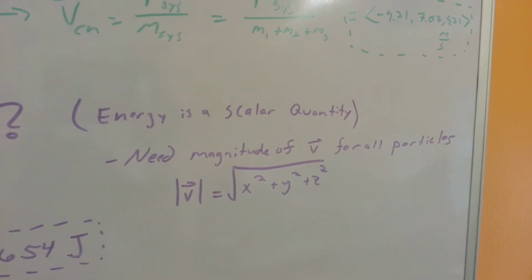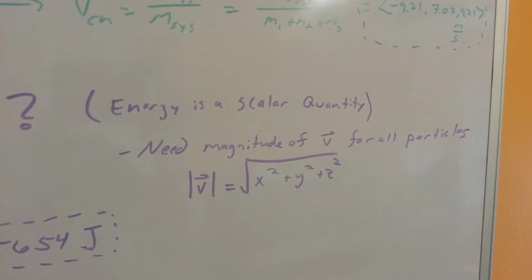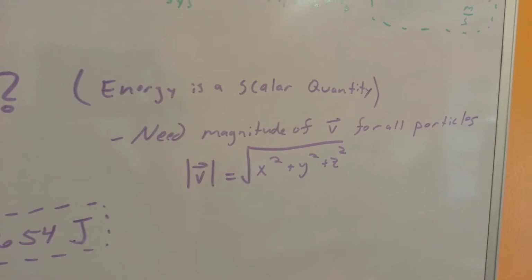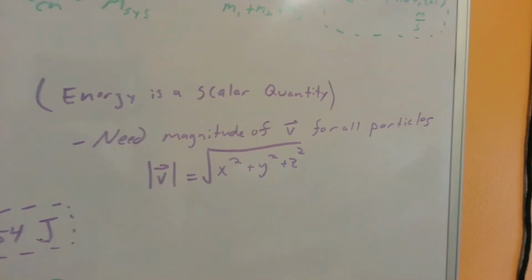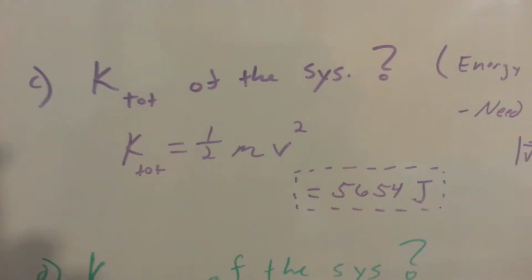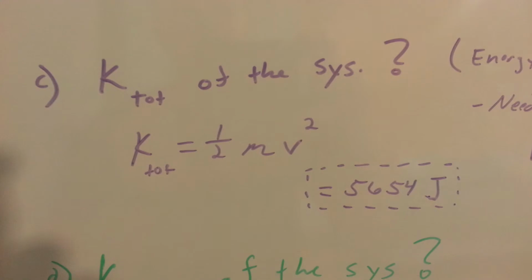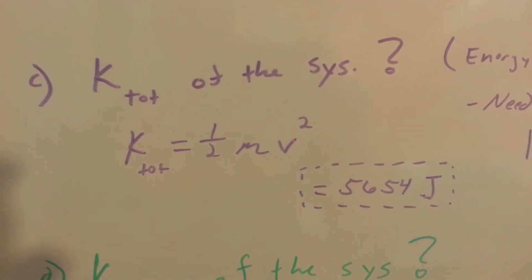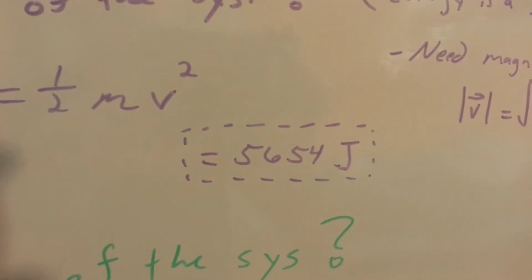So remember another basic definition. The magnitude of the velocity equals the square root of the x component squared plus the y component squared plus the z component squared. After calculating that, you can then get the total kinetic energy, which will be the summation of 1/2 mv squared of all of your particles. And you'll get this value.